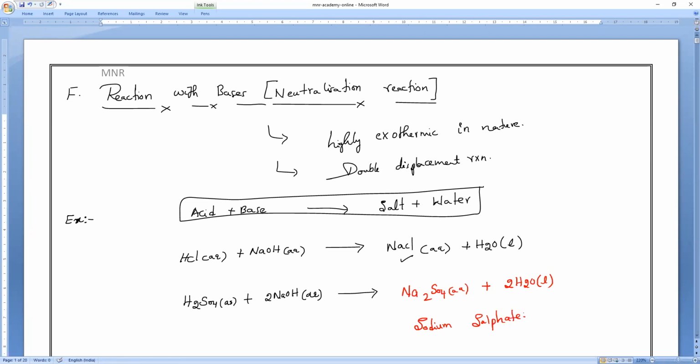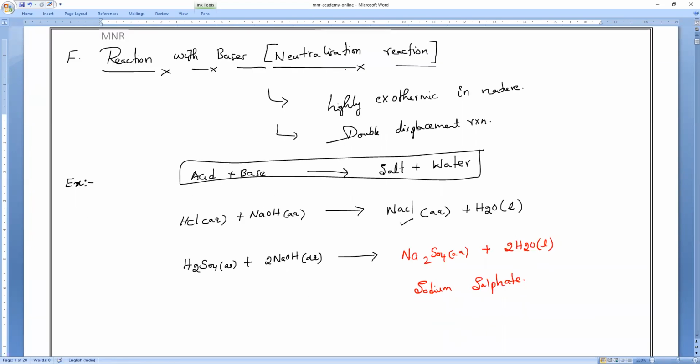Okay, guys? So please make it quick. These are examples of exothermic reactions. Also, these are examples of double displacement reactions. So this is particularly a neutralization reaction. Acid reacting with the base is also an example of what? Highly exothermic in nature and double displacement.